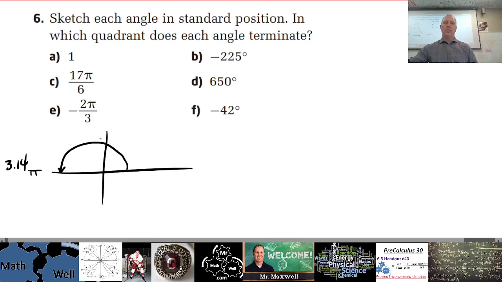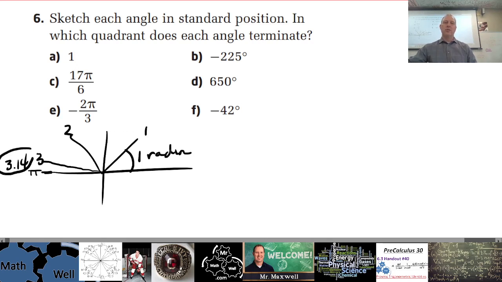So if you divide this roughly into thirds, then you have 1 pi is right here. This is 1 radian. This is 3.14 radians right here. So this is 3, this is 2, this is 1. You see that? So 1 radian, there's your sketch. Which quadrant? 1.